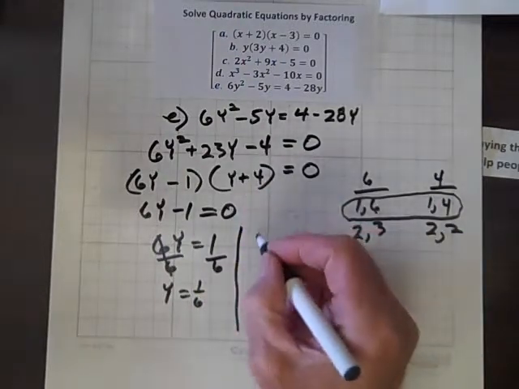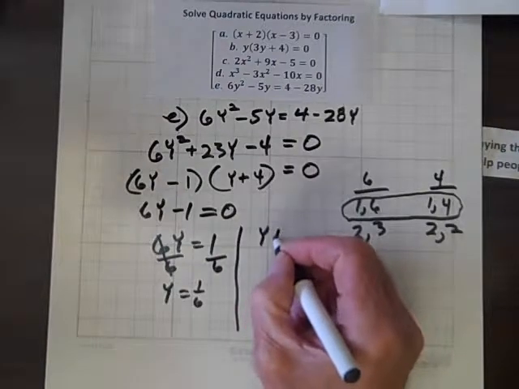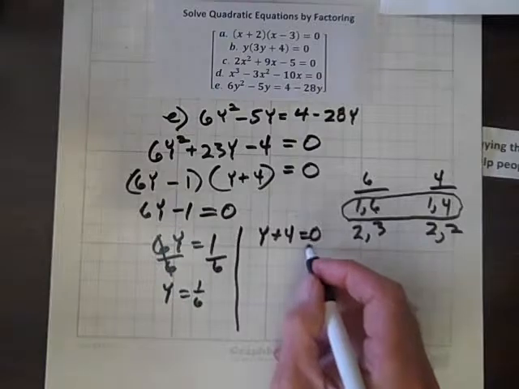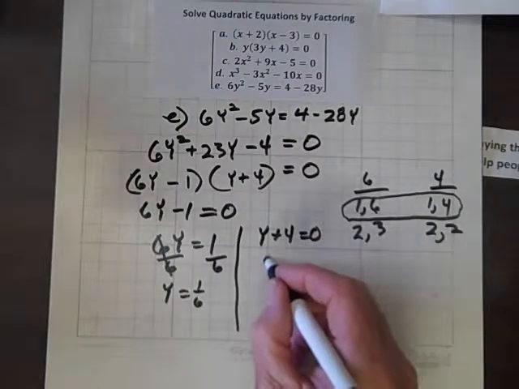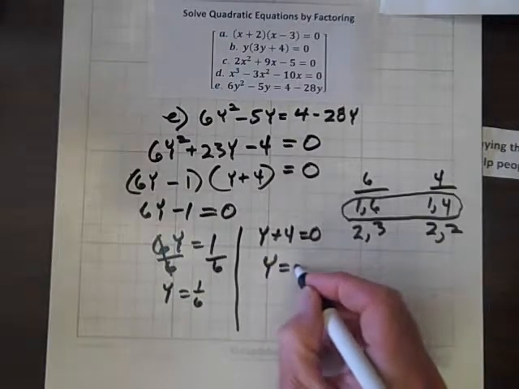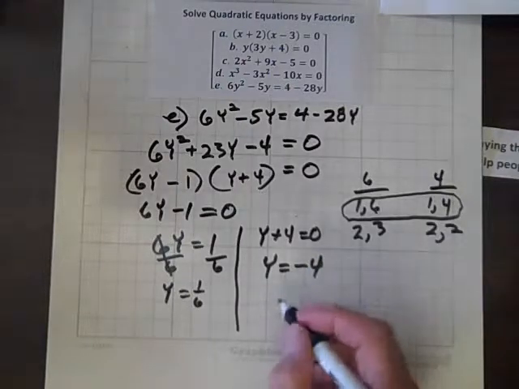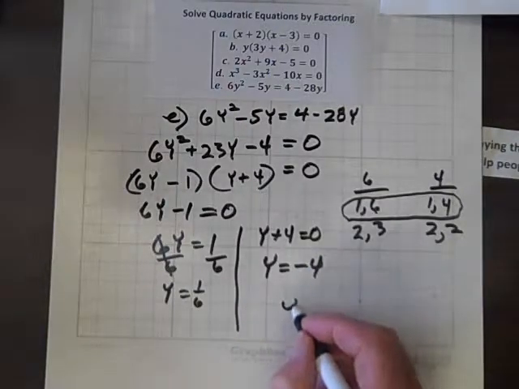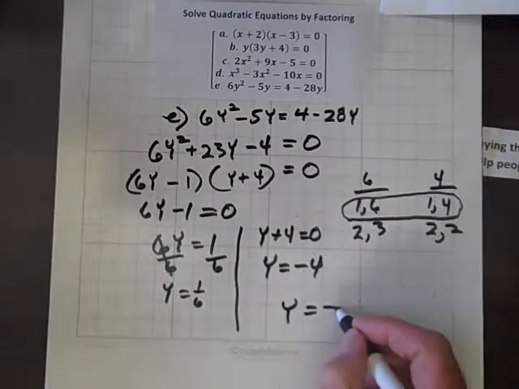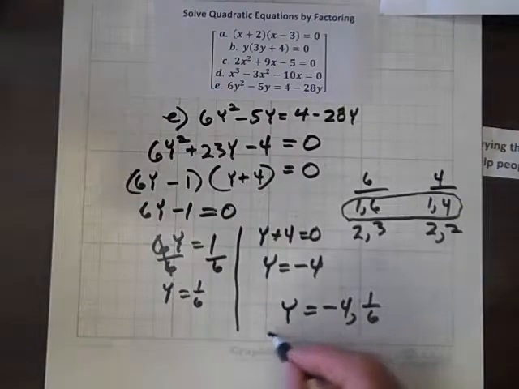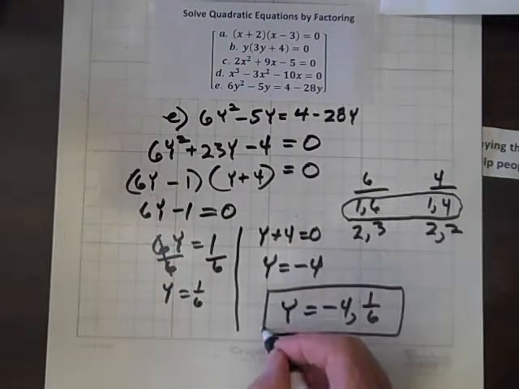For the factor y plus 4, we'll set y plus 4 equal to 0. Now we have to isolate y, so we'll subtract 4 from both sides. And so y equals minus 4. So now the zeros are y equals negative 4 or 1/6. And we're done.